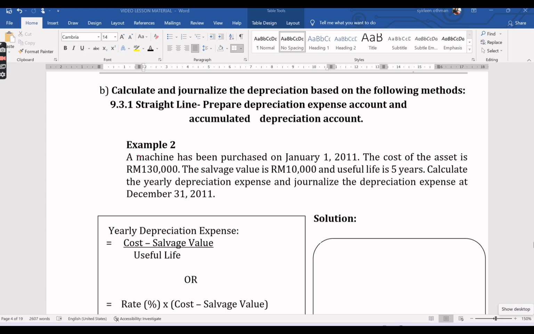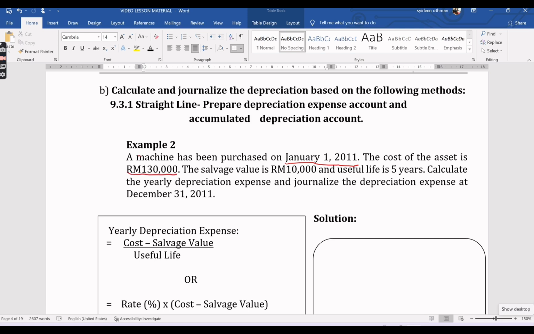For example 2, a machine has been purchased on the 1st of January 2011. This is the first information you must note, which is the date of purchase of the asset. The cost of the asset is 130,000.